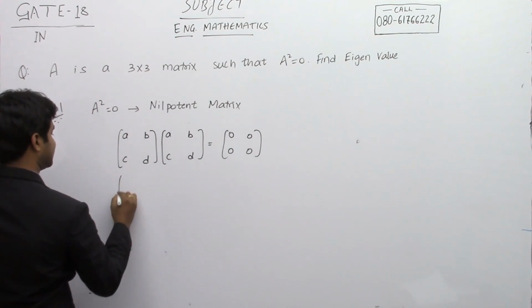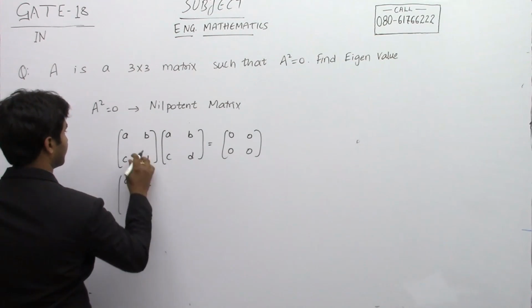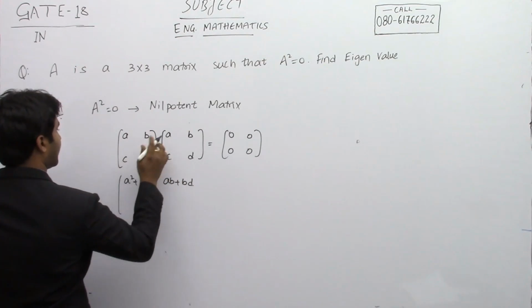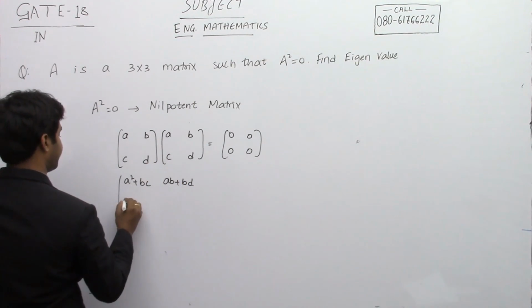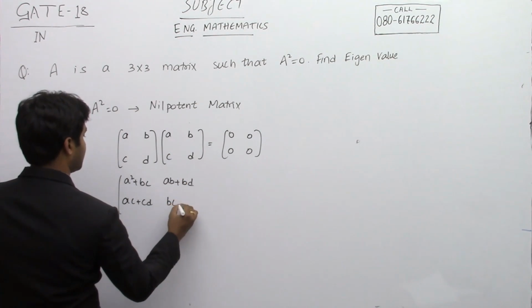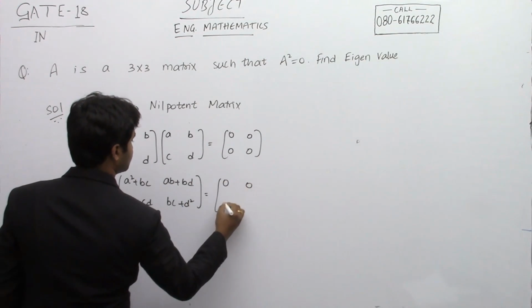Now the resultant matrix is going to be a square plus bc, ab plus bd, ac plus cd, and the last one is bc plus d square, equal to the zero matrix.